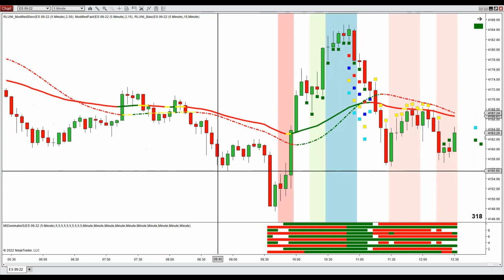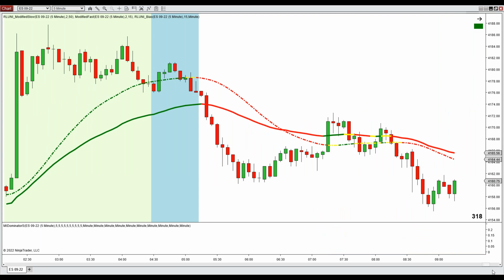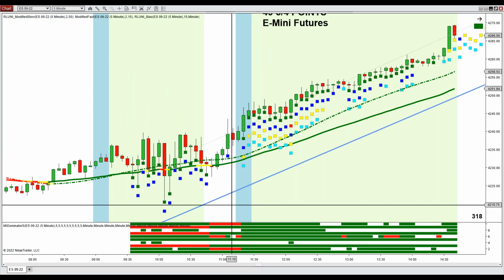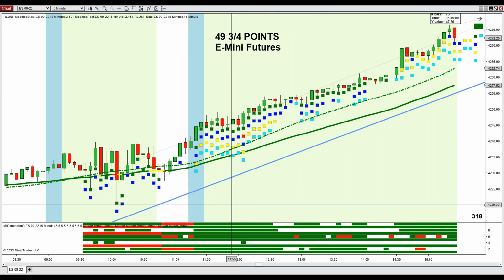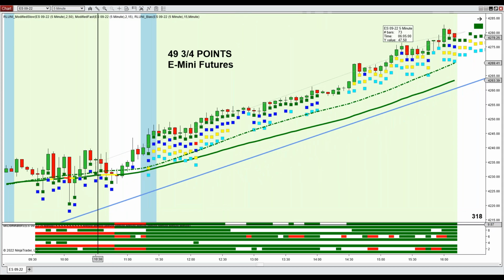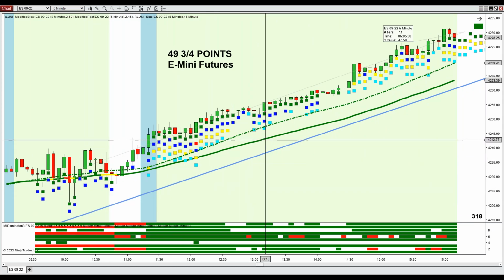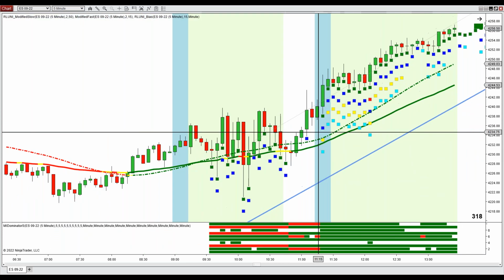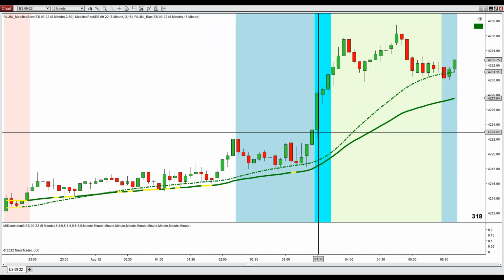Here we go. So let me roll it over. Now let's take a look. Now here's a huge move up. There's that blue-green right here. Up you go. This is 49.75 points. I think we saw this trade.